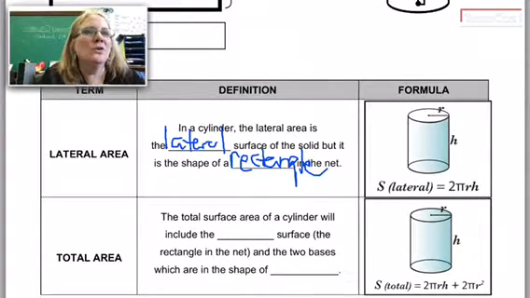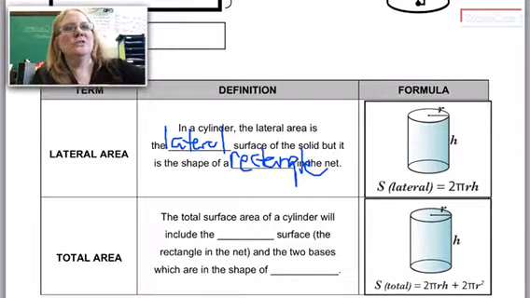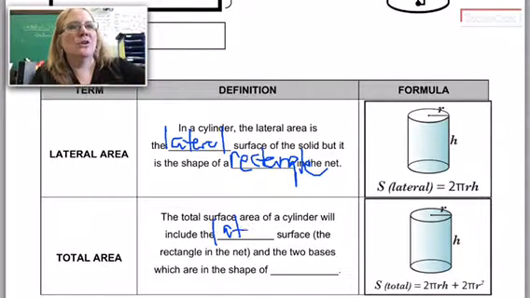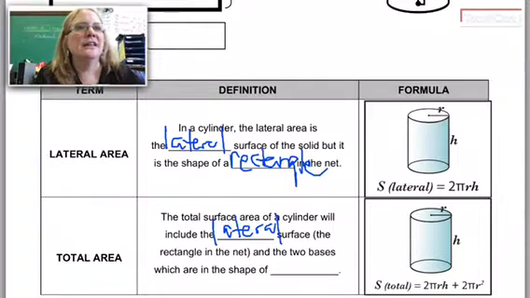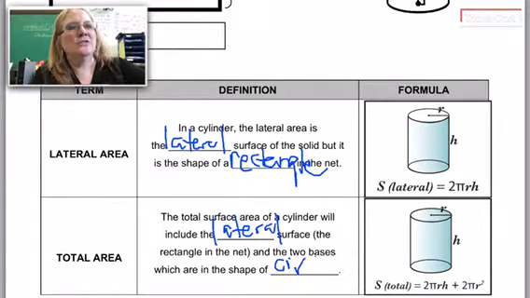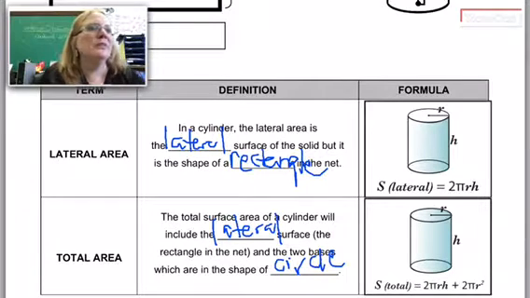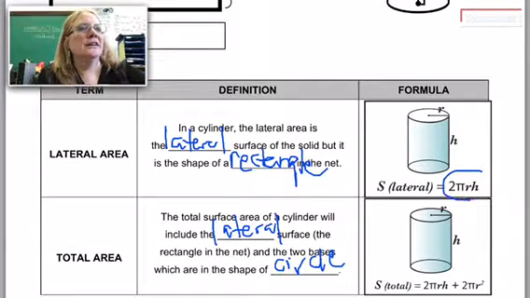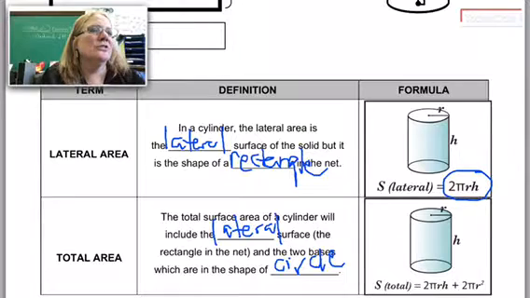The total area includes the lateral surface, or the rectangle in the net, and the two bases, which are in the shape of a circle. So the formula for the lateral area is 2 pi RH, and the total is 2 pi RH plus 2 pi R squared.